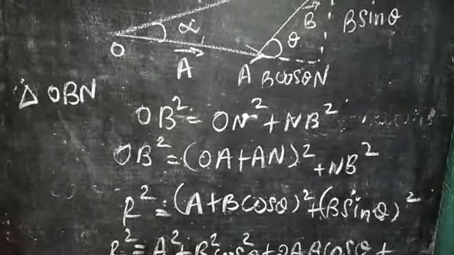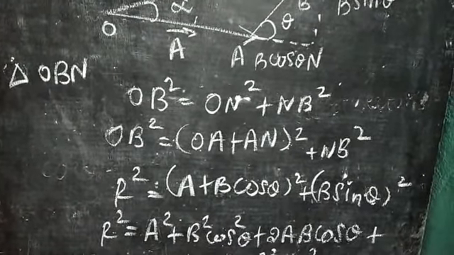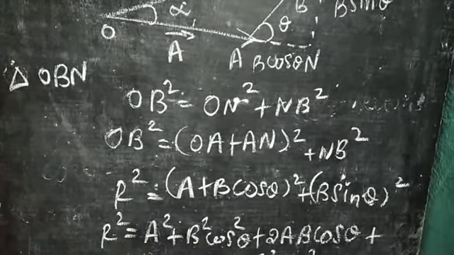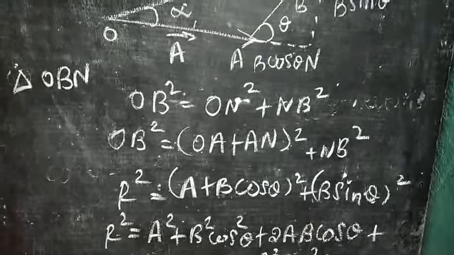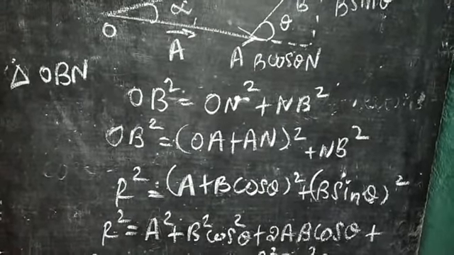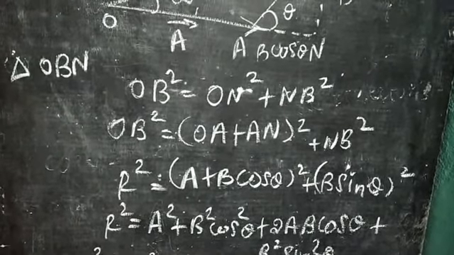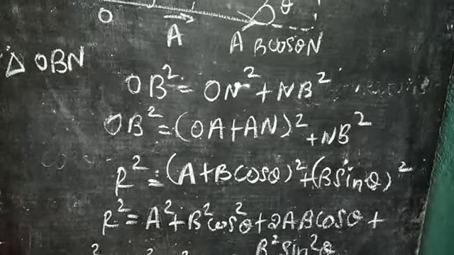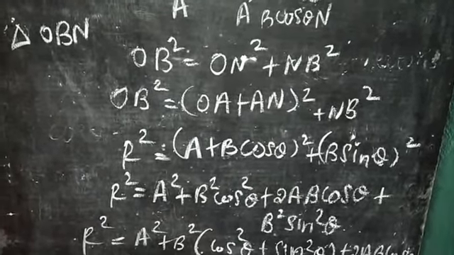Expand A plus B cos theta whole square using the A plus B whole square method. A plus B whole square is equal to A square plus B square plus 2AB cos theta. Applying the formula here, R square is equal to A square plus B square cos square theta plus 2AB cos theta plus B square sin square theta.